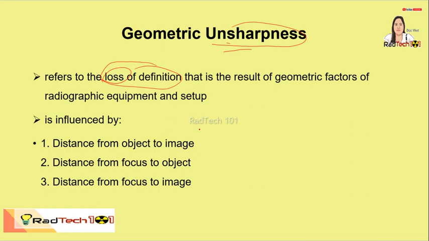And this can be affected by the distance from object to image receptor, which is our OID, the distance from focus to object, or from the tube to the object, the source to object distance, and the distance from the source, which is the focal spot, to the image receptor, or the SID.